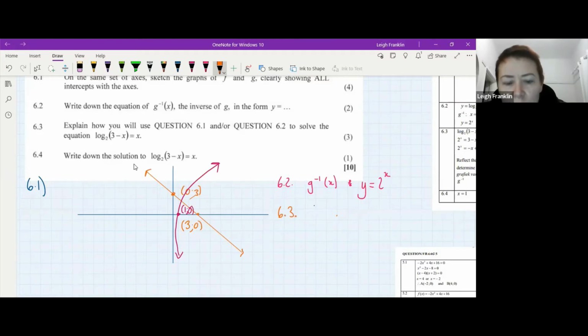How do you think we're going to attack this problem? I mean, what does log base 2 of (3 minus x) equals x even mean to us? Is there possibly some rearranging that we could do there? How does this relate to what we already have in front of us and what we see? Anyone got any ideas?